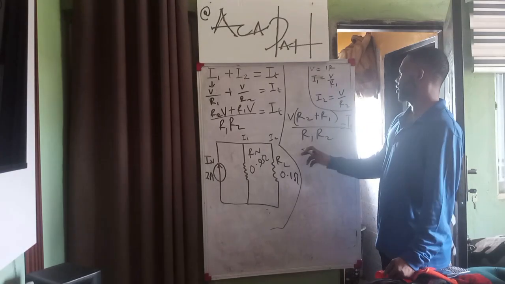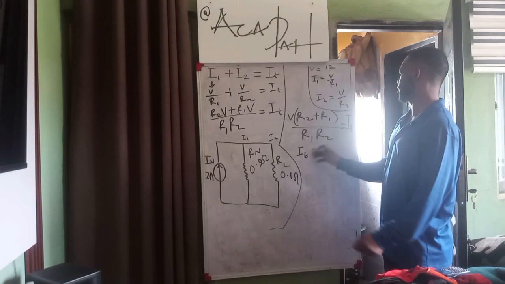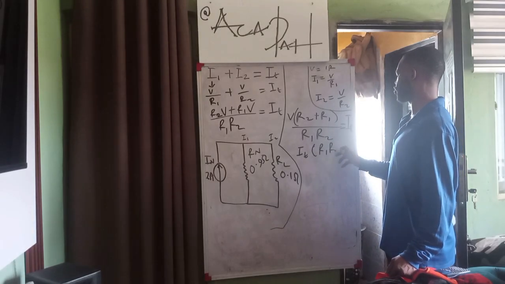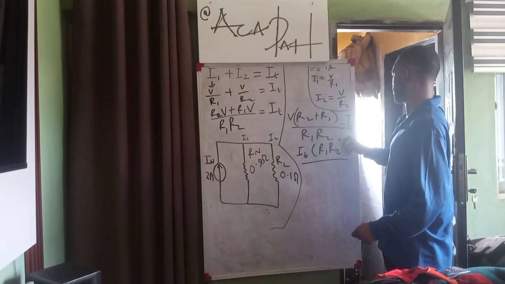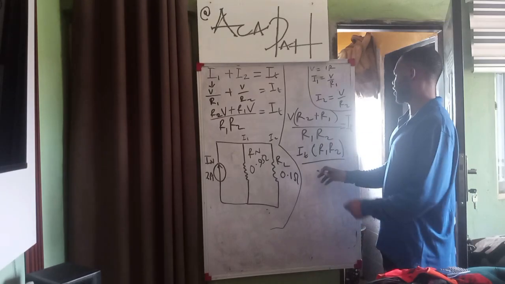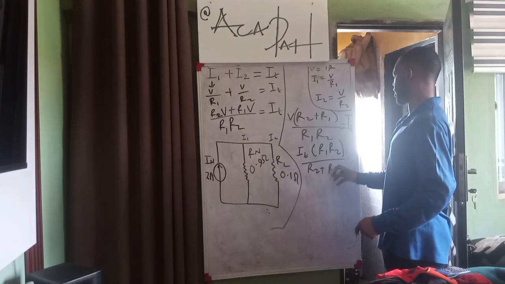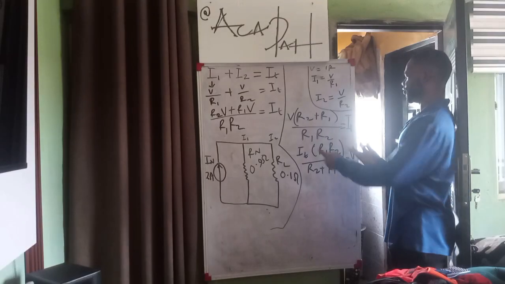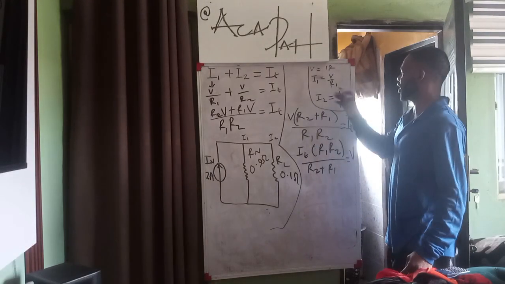So that means that this will be the same thing as saying IT, this crossing over, times R1 R2 all over R2 plus R1 equals V. So I tried making such a formula. This one will come here, then divide by the coefficient of V. This is V.